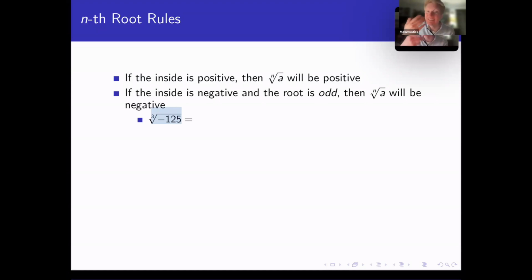Square root would be an even root. We're talking odd roots like 3 or 5. So we can evaluate the cube root of negative 125. That answer is negative 5, since negative 5 times negative 5 times negative 5 is negative 125.